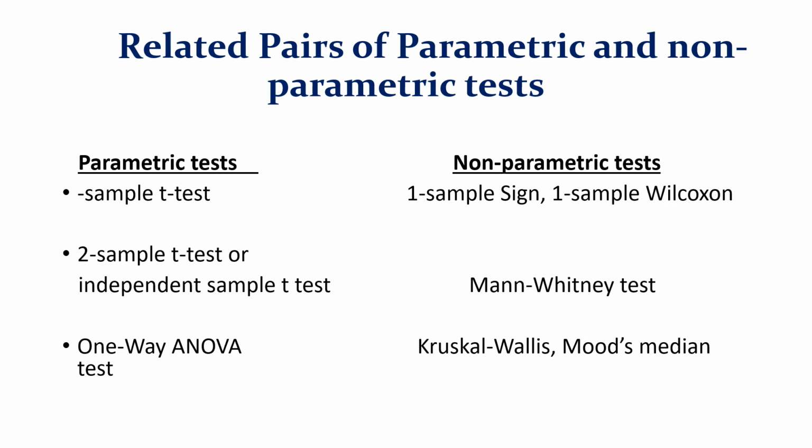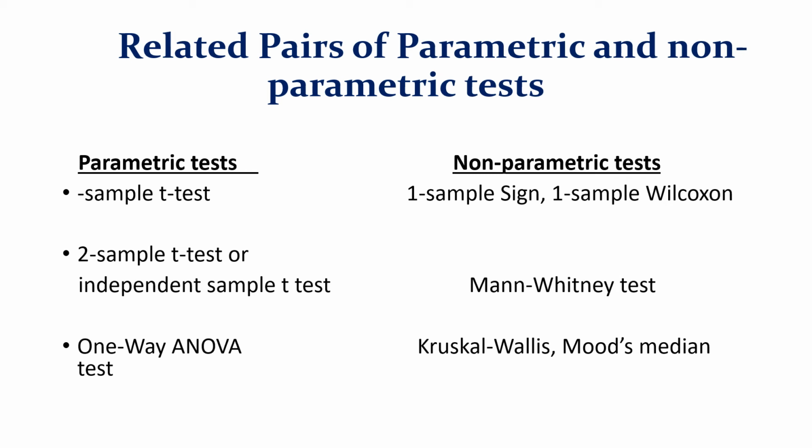And equivalent to these tests, non-parametric tests available are one sample sign test, one sample Wilcoxon test. Against two sample t-test or independent sample t-test, the non-parametric equivalent technique is Mann-Whitney test.